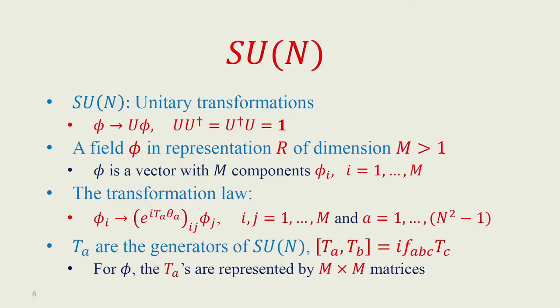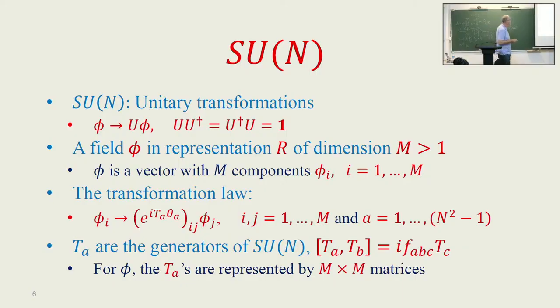And then this is how the transformation law under SUN looks. The component phi i, so if it's a doublet, i can be 1 or 2, it's the component within this vector, transforms into e to the i T a theta a. So theta a are the same kind of thetas. These are rotation angles, okay? It's a parameter, and for any theta, this is an SUN transformation.